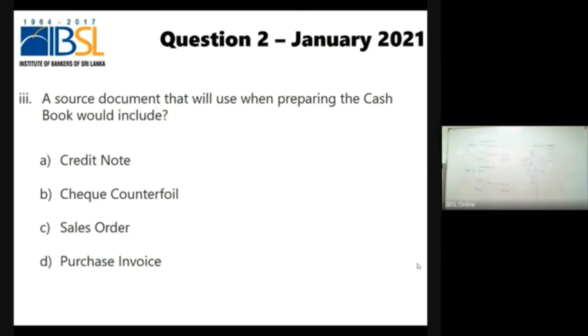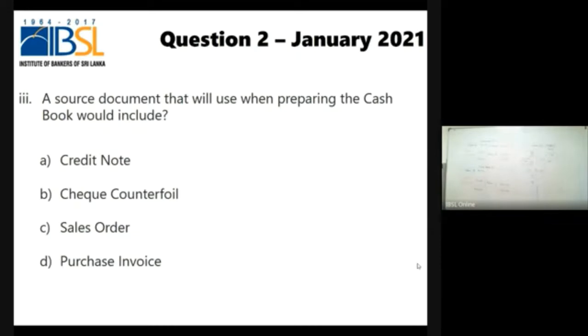Then look at what is cheque counterfoil. Cheque counterfoil is where you give cheques to your debtors or the creditors or whoever, and you capture that information in your chequebook, the smaller part which remains in the chequebook.